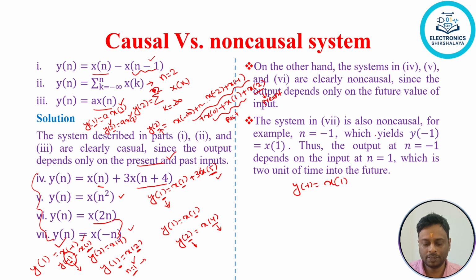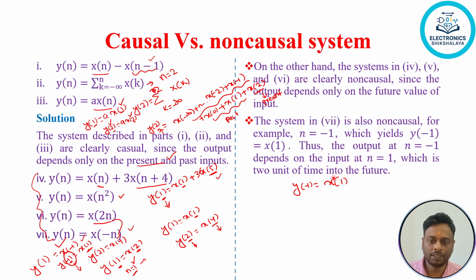So y of minus 1 depends on the input at n equal to 1, which is 2 units of time into the future. So that is why the system is non-causal.